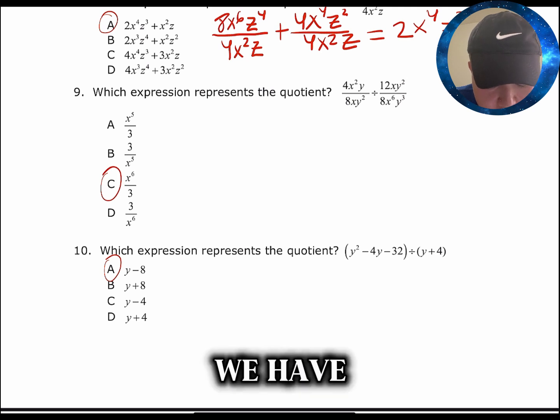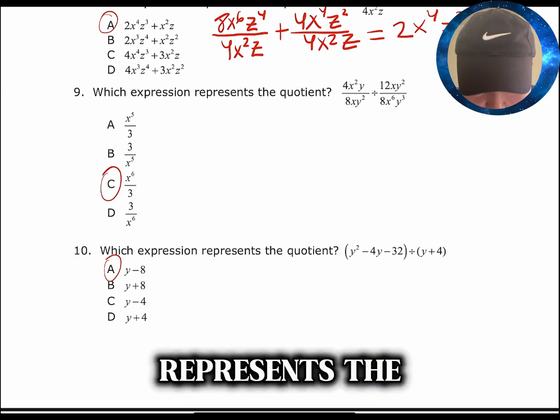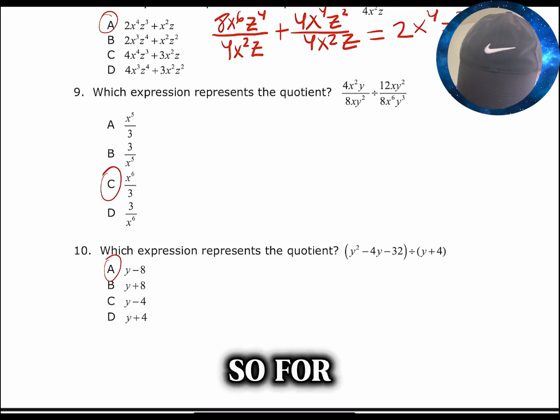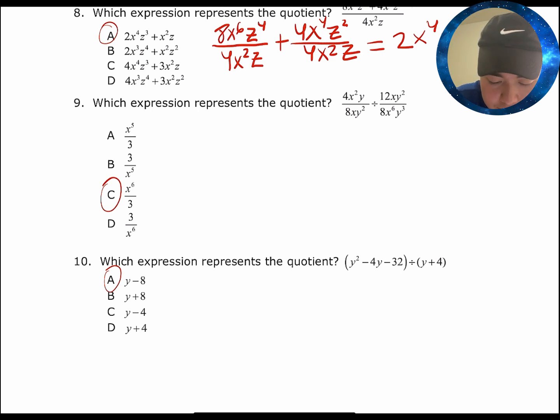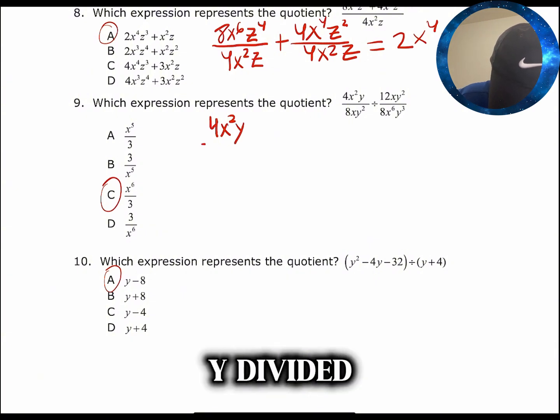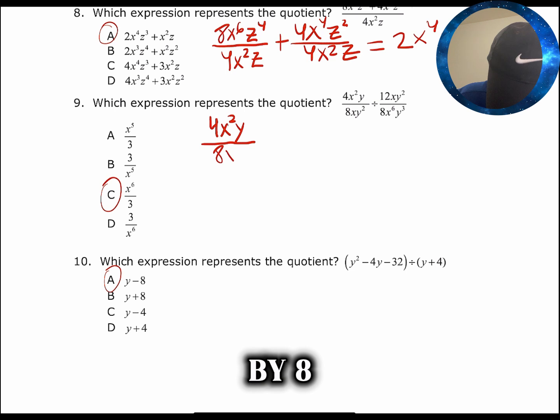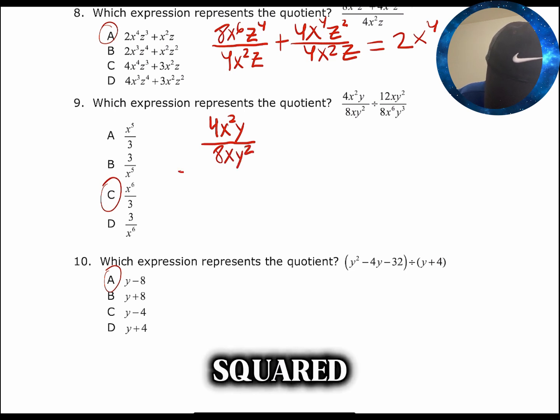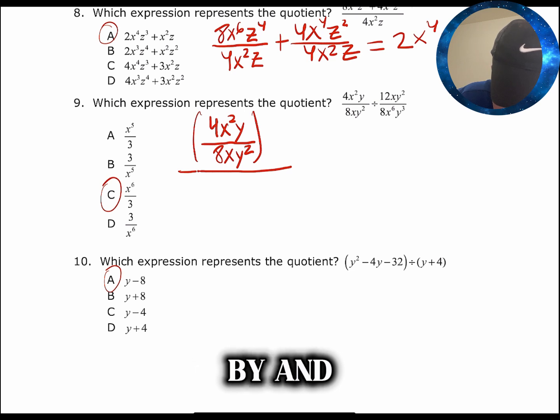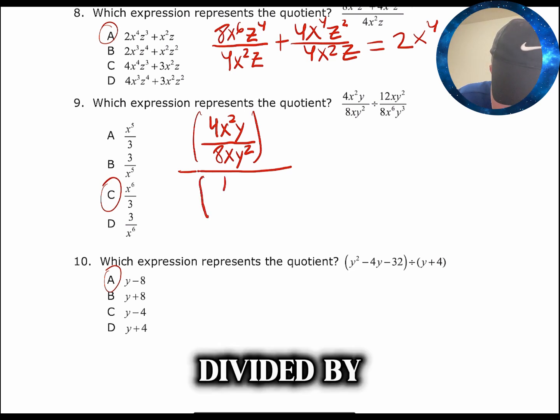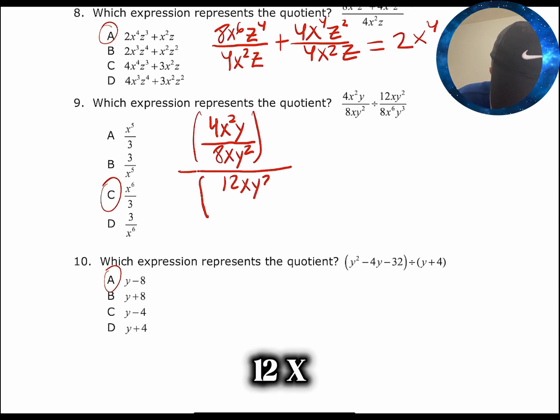And then for number 9, we have which expression represents the quotient. So for this one, let's see, what can we do here? Okay, so I'm gonna write it out. 4x squared times y divided by 8xy squared. All this is divided by, I'm gonna put these in parentheses, 12xy squared divided by 8x to the power of 6 y cubed.